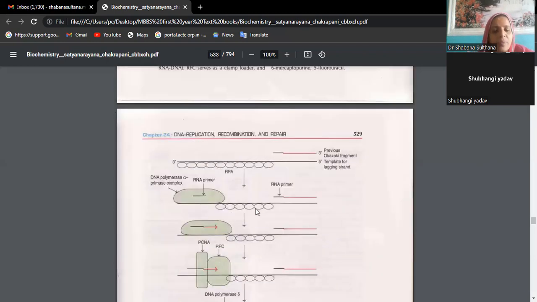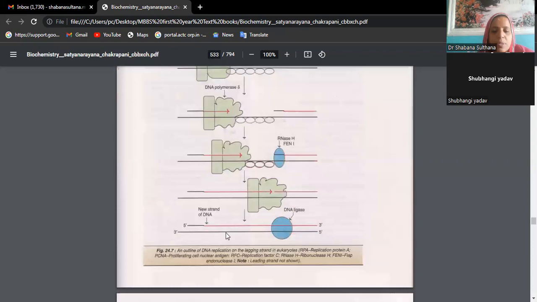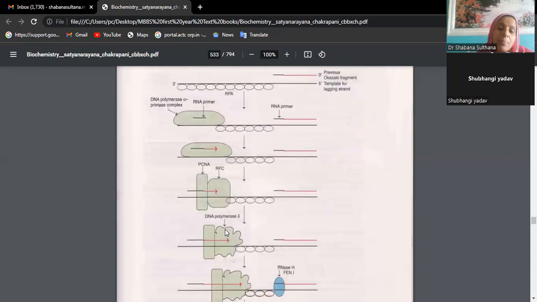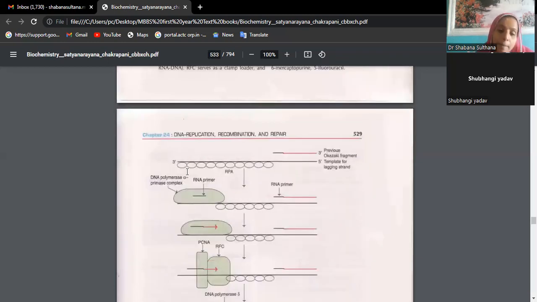Beta, you can see. Overall, in the last step, you are not finding even a single replication protein A. So when the base pairing mechanism is taking place, gradually the replication protein A's will be removed.